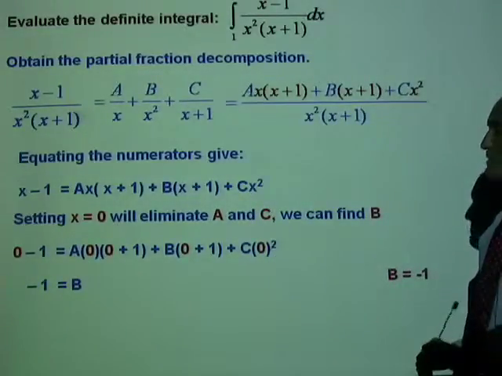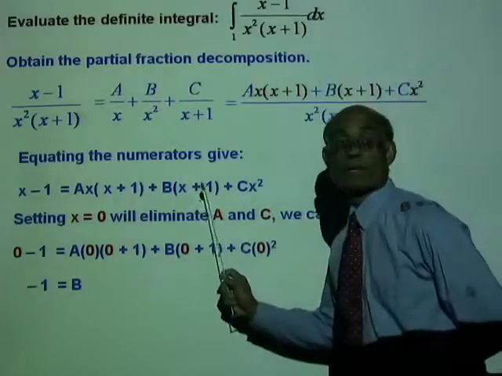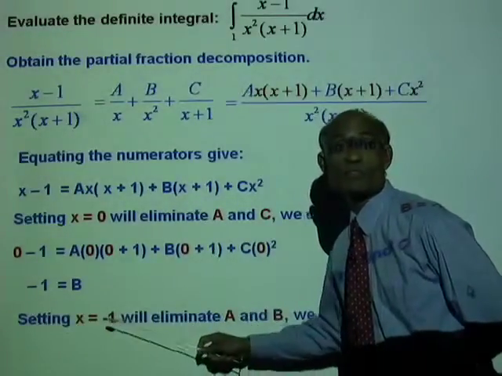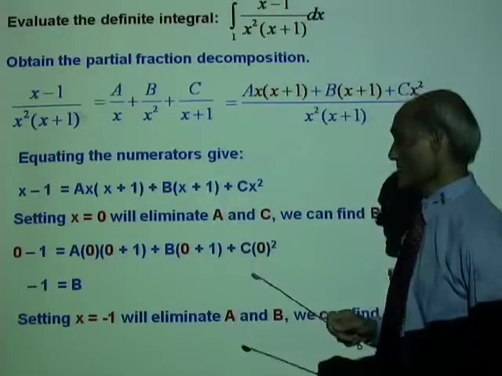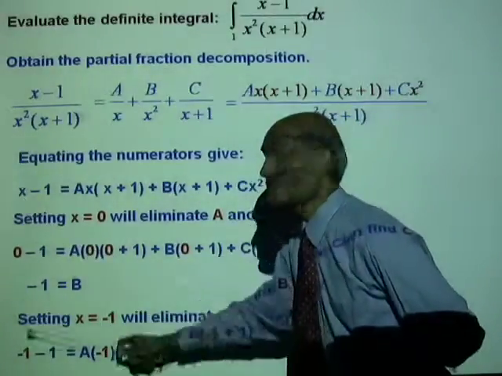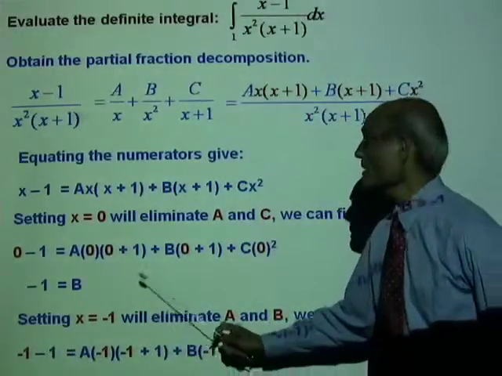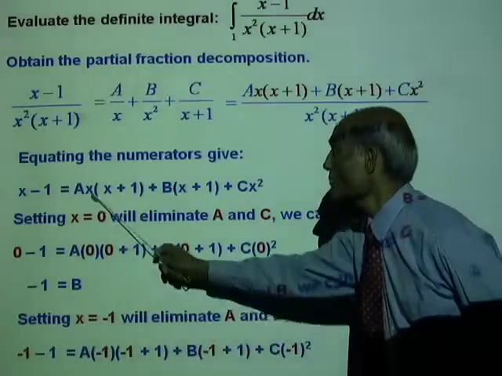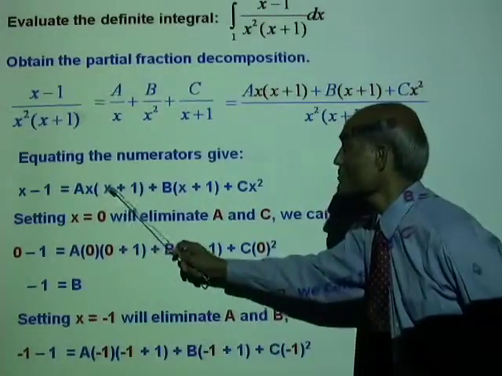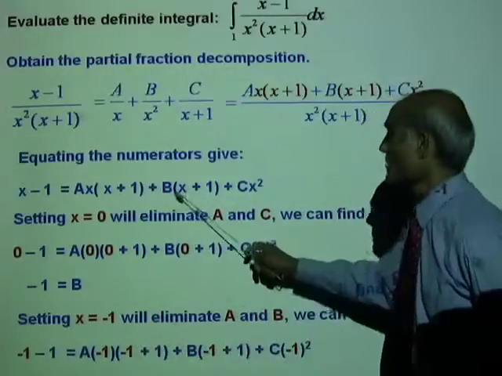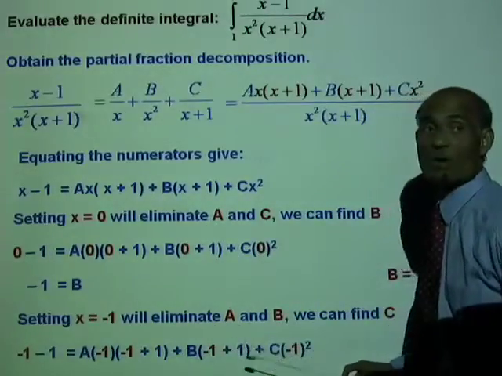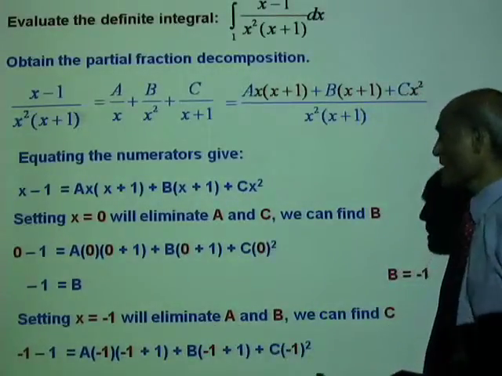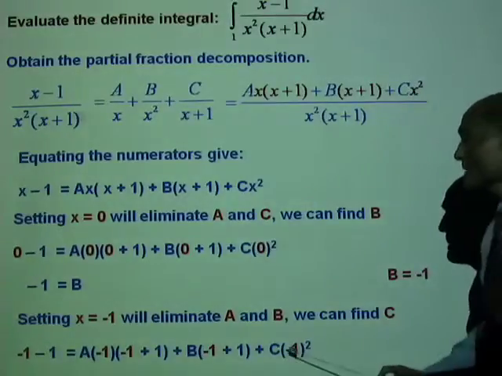That's right. Okay, next, let's use x equal to -1, and we have -1 minus 1 equal to A times -1 times -1 plus 1 plus B times -1 plus 1 plus C times -1 all squared.